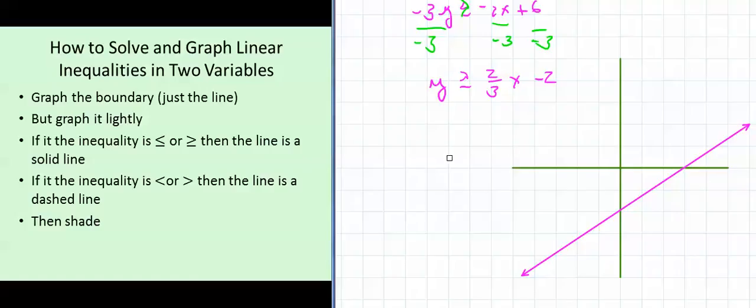And now we pick an ordered pair. I'm going to pick, because it's easy, 0, 0. So y greater than or equal to 2/3 times 0 minus 2. Is 0 greater than or equal to -2? True. 0, 0 is right here.